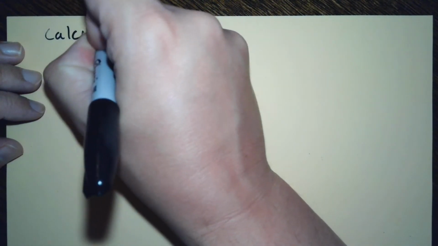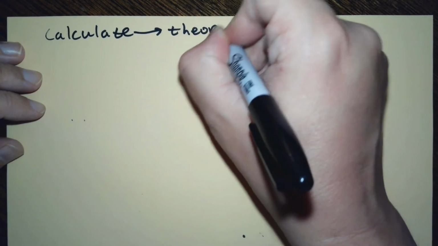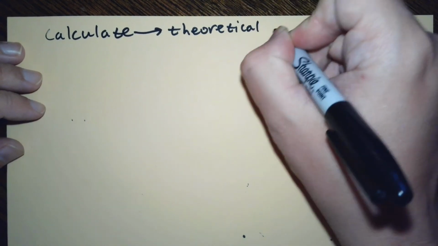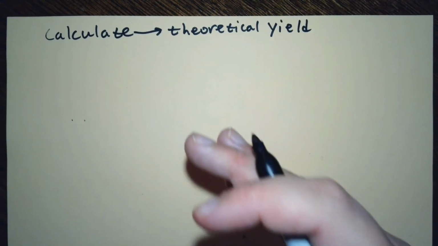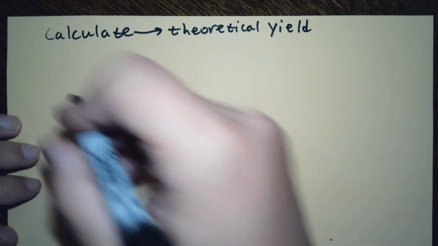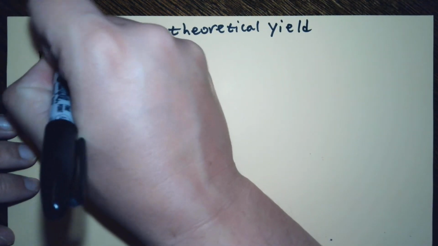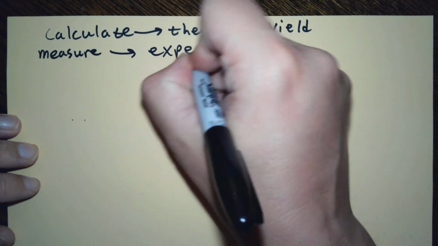So, theoretical is what we calculate, right? That's our theoretical yield. You do the reaction in real life, you measure it out, you see what you get on, say, the balance at the end of the day. That's your experimental yield.